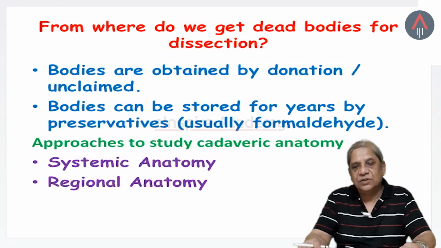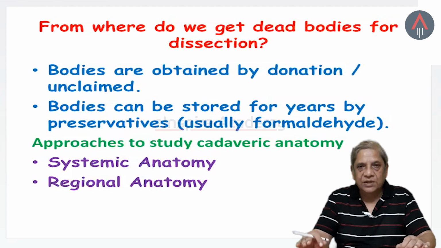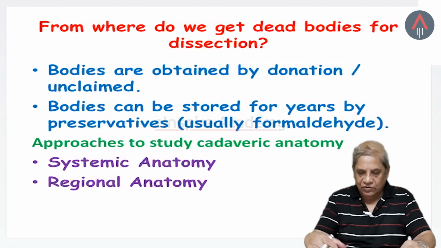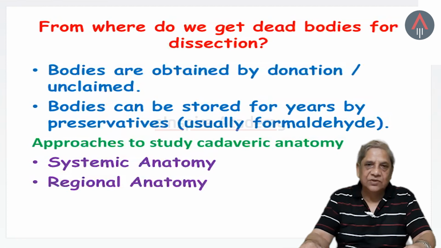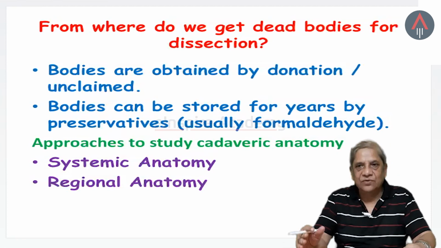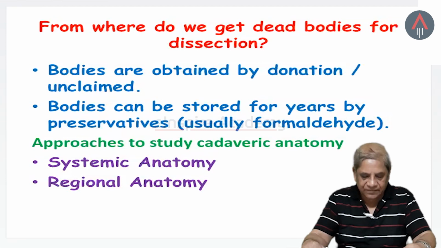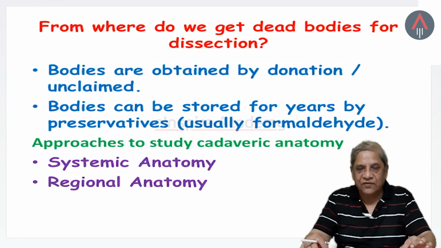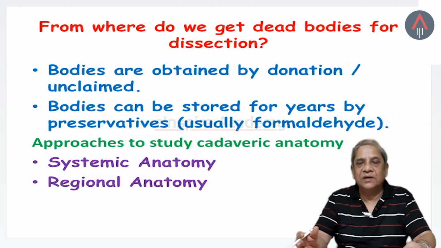That means you study the human body structure from region to region. For example, when you go to the dissection hall, you may probably start your dissection with either the upper limb or the lower limb. And when you are dissecting the upper limb and lower limb, you will see many systems at a time. For example, the blood vessels, arteries and veins you see in the upper limb constitute part of the cardiovascular system.